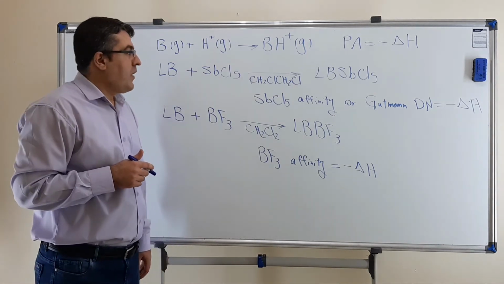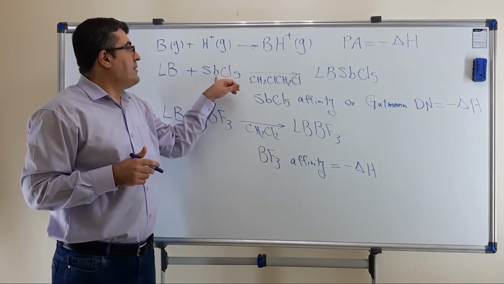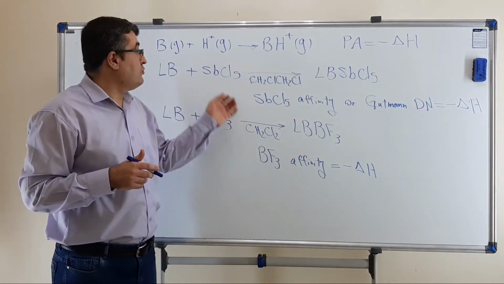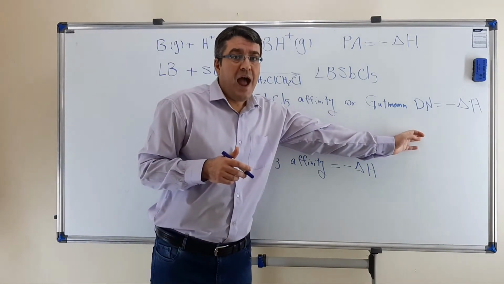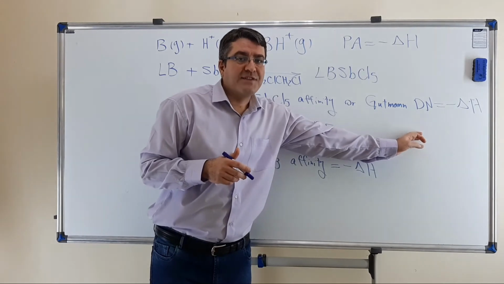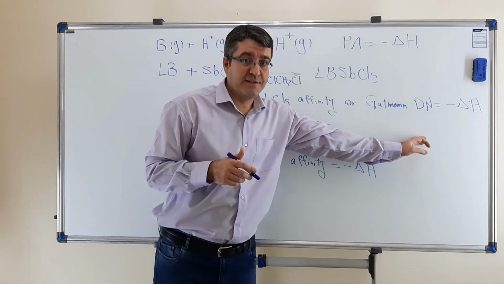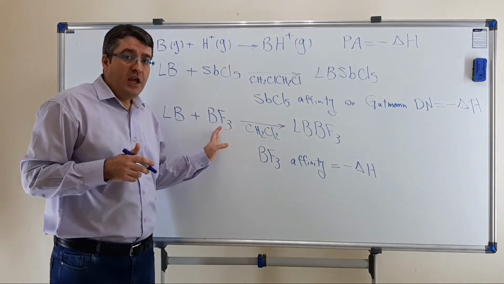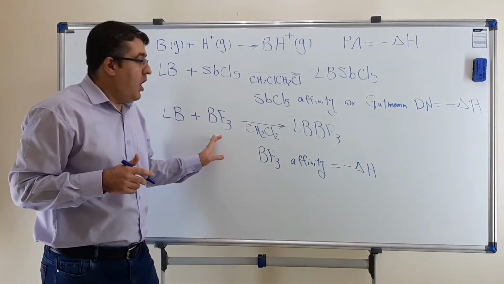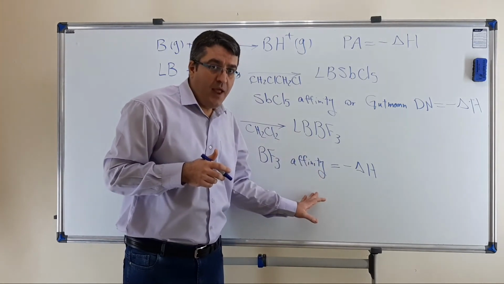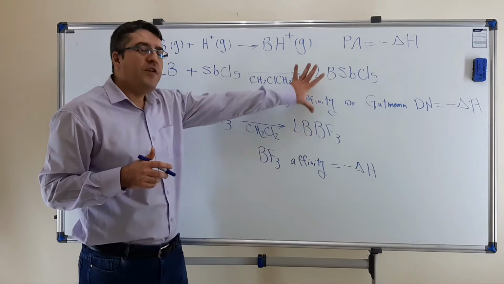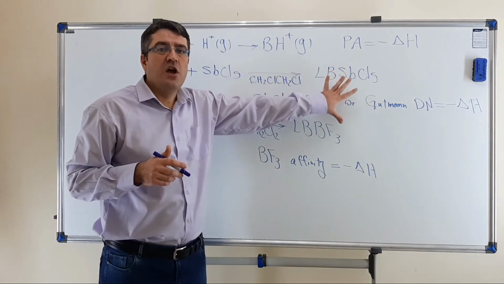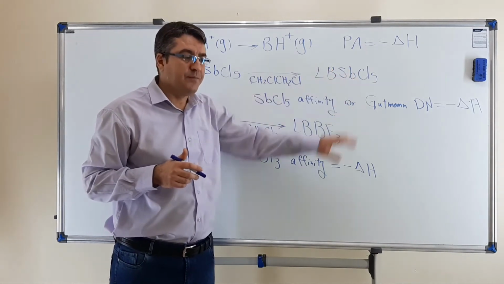It is good to note that while it is common to use Gutmann donor number as a scale for comparison of Lewis basicities of solvents in literature, and also boron trifluoride affinity was proposed as an affinity scale for solvents, both of these scales are solute scales, solute basicities, and not solvent scales or solvent basicities.